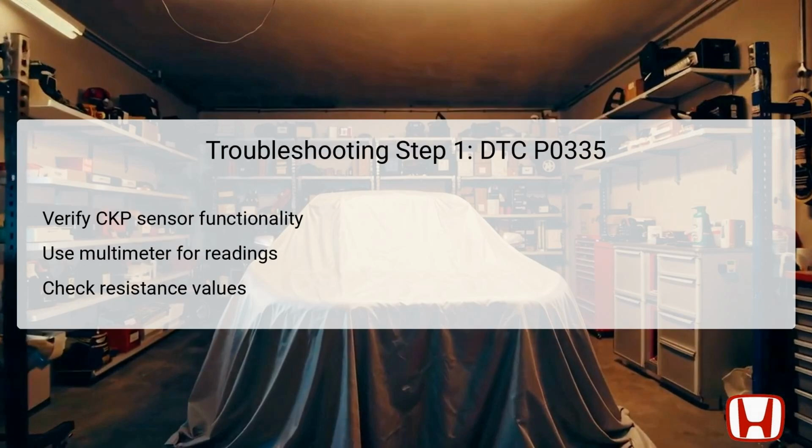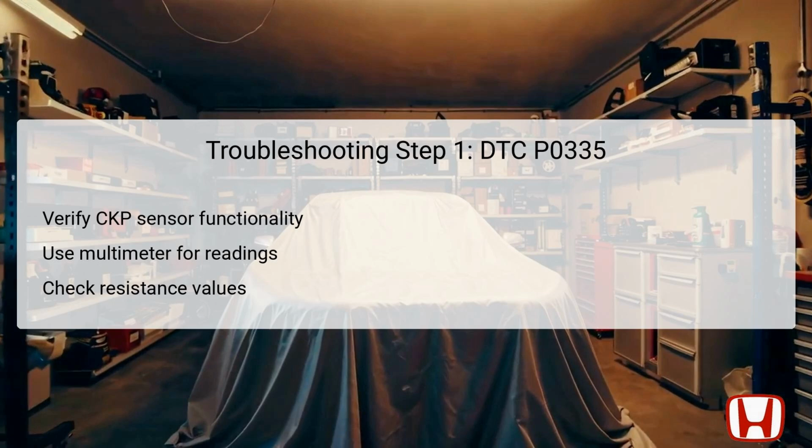The first troubleshooting step for DTC P0335 involves verifying the functionality of the CKP sensor. Utilizing a multimeter, you should measure the resistance across the CKP sensor terminals. This provides crucial information about the sensor's condition and ensures that it functions correctly.